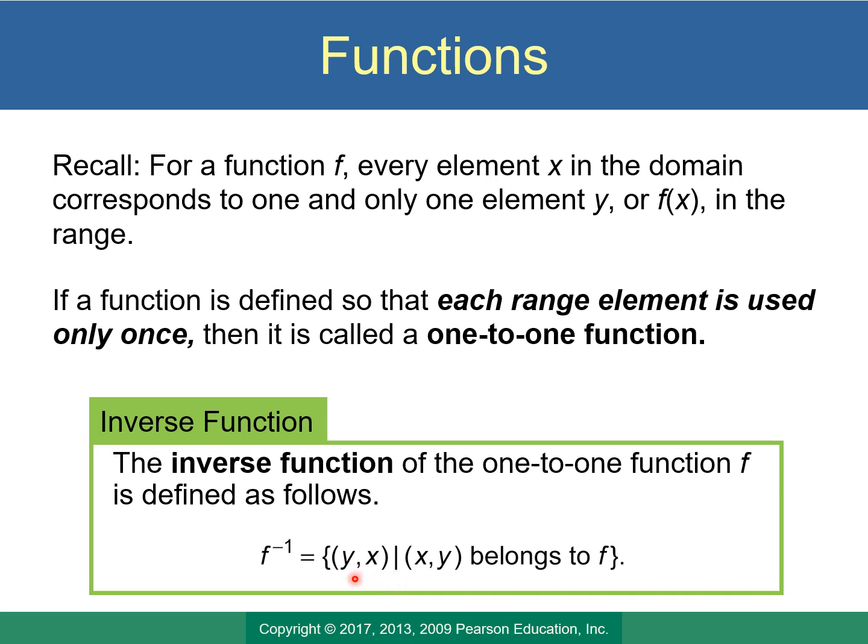So the set of all y comma x ordered pairs such that the ordered pairs x comma y belong to the original function. So inverse or opposite, you started with x comma y as your inputs and outputs for your original function. So for the inverse, what used to be the output is now the input, and what was the input is now the output. So x and y switch.